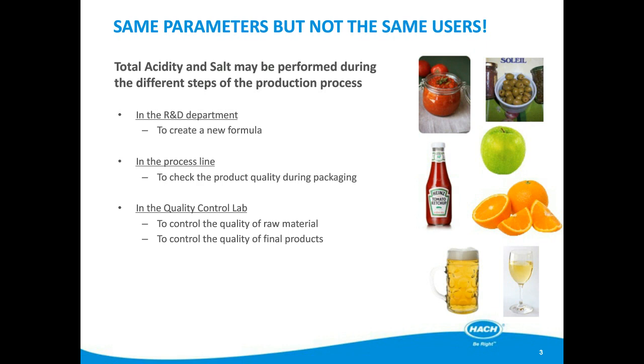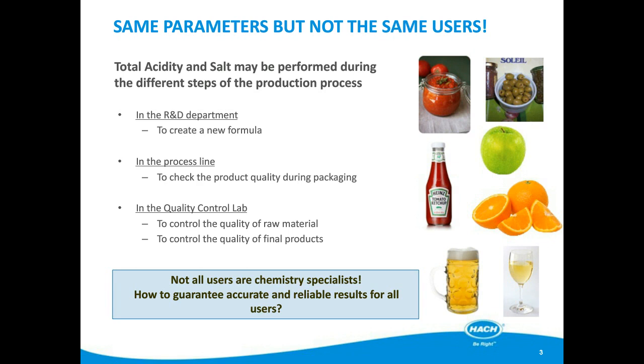And we also have to check these parameters in the quality control labs, either to control the quality of raw material or the quality of final products. But the issue is that not all users are chemistry specialists, and that's completely normal.